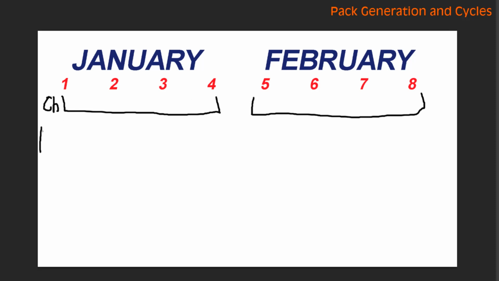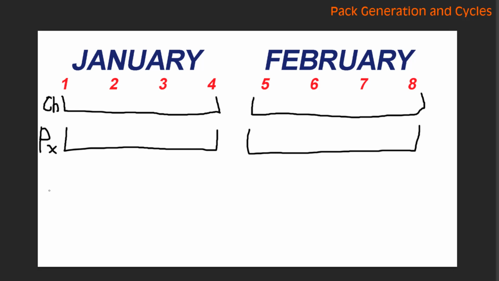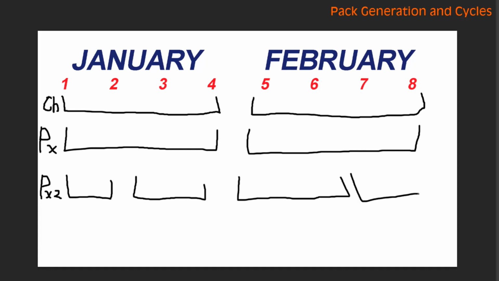Now, if a patient comes in, the patient might collect 4 weeks and 4 weeks, or the patient might collect PX2. The patient might collect 2 weeks, 2 weeks, 2 weeks, 2 weeks.